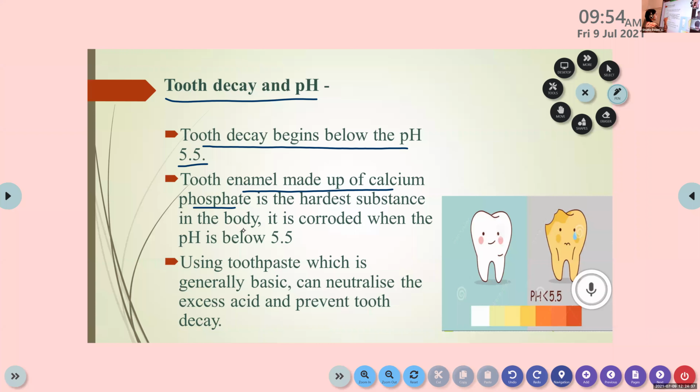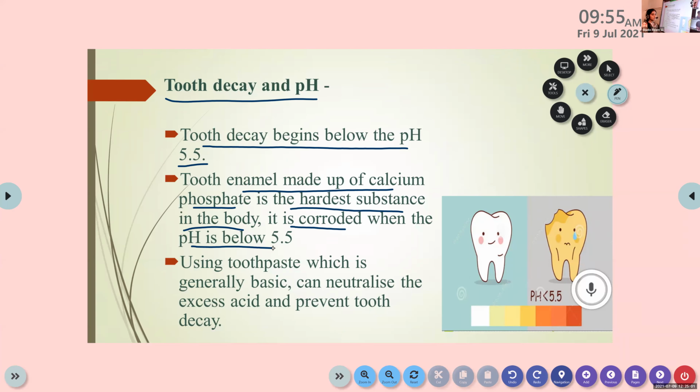And that enamel, the calcium phosphate, is corroded when the pH is below 5.5, which leads to tooth decay. Even this hardest substance is corroded when the pH value is below 5.5.